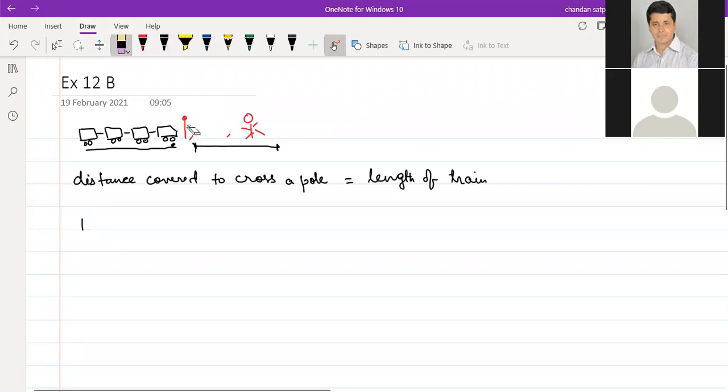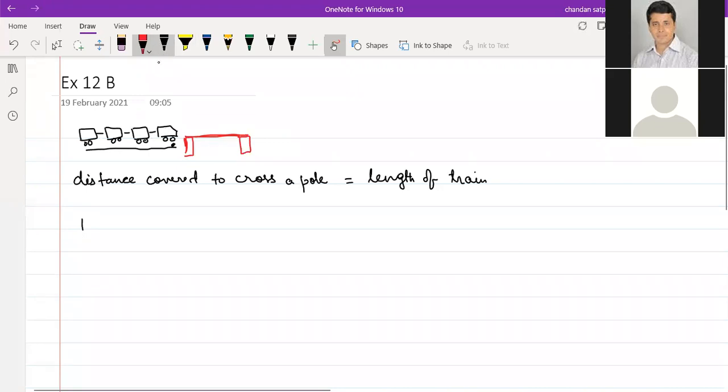Second, you have to remember that suppose there is a train. Now imagine that instead of a man, there is a bridge. Now this is a bridge. The bridge is there. Now the train needs to cross the bridge. So to cross the bridge, how much distance does the train have to travel?